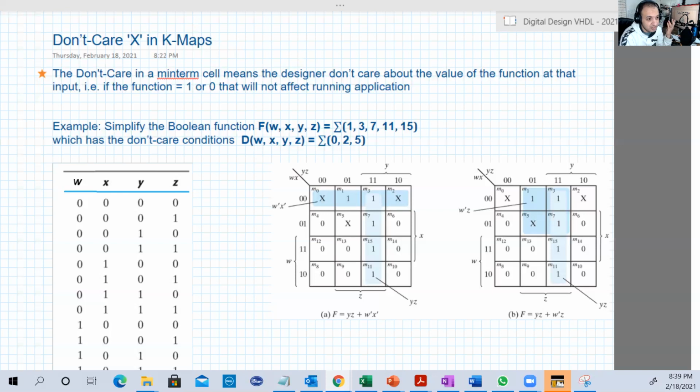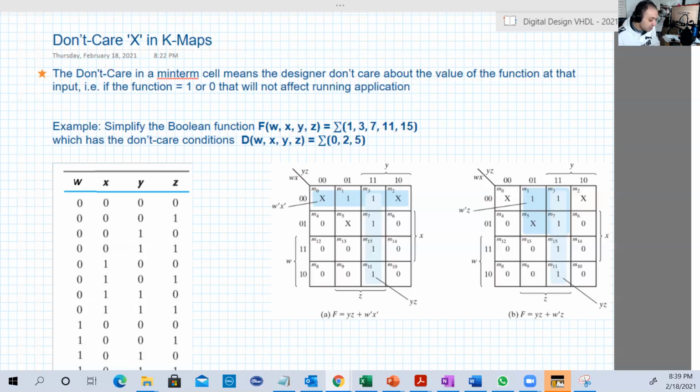If you assume that at X equal to 1 and Y equal to 1, F equals 1, or F equals 0, we don't care, 0 or 1, it will not affect my application. To be more clear, let's take an example, because these don't cares can affect our minimization a lot, I mean, affect it positively if we consider them, as we will see now.